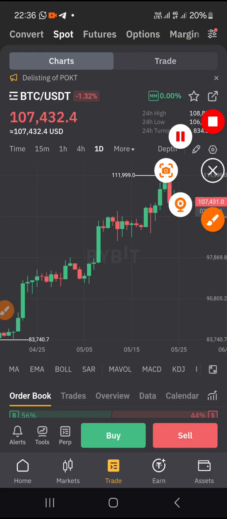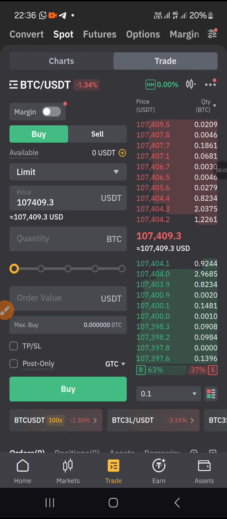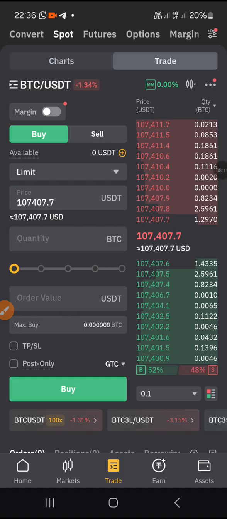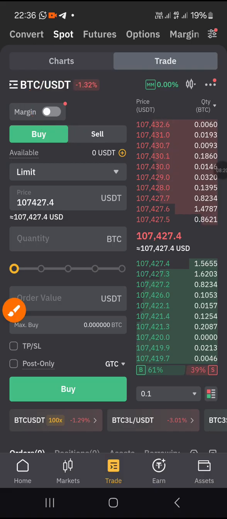place our trade. All right, so we're going to click on trade now. Clicking on this trade, you can see where exactly it navigates us to. If you want to trade margin, you can come over to this place and turn this margin button on. You cannot do this automatically for any coin; it has to be available in both spot trading and margin trading.